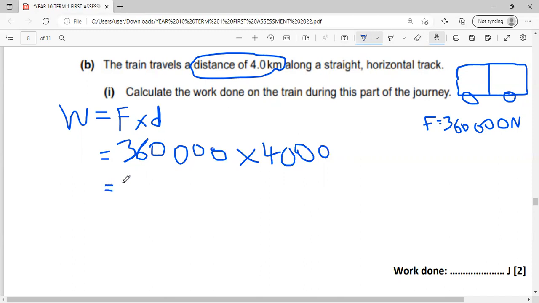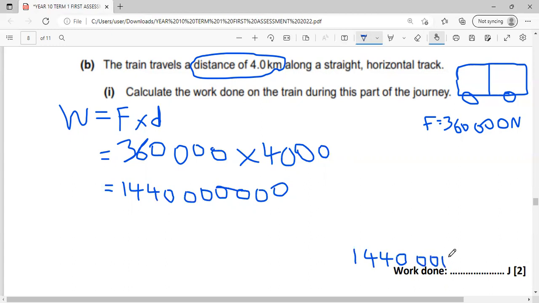That gives you 1,440,000,000. So from this, you see that the work done is 1,440,000,000 joules.